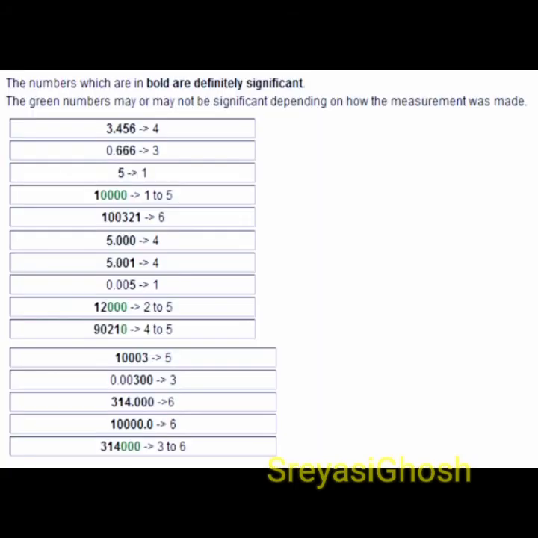Here are a few more examples where you can see the varying significance which can be written. Where we do not have zeros, obviously we get the exact significant values, but where we have zeros, we can have a variation from 1 to 5, 2 to 5, 4 to 5, 3 to 6 as given, marked in green color.